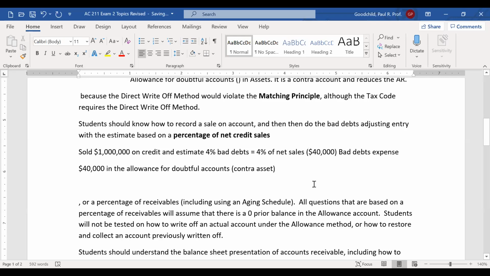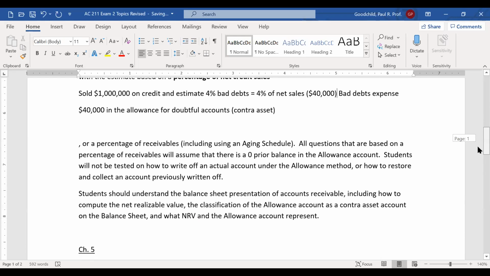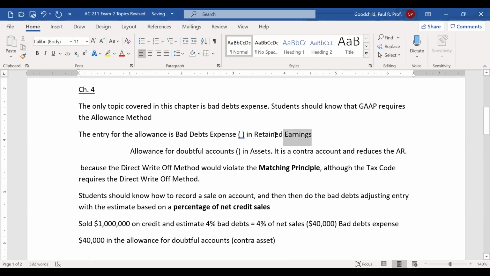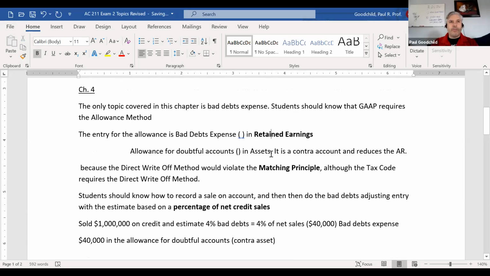Professor, I just had a question about this. So the bad debts expense would be a reduction in retained earnings, but would that also be recorded as a reduction in the allowance, since you start with an allowance and then you use some up based on the bad debts expense? No, in this step you're just creating it, so it's still negative.